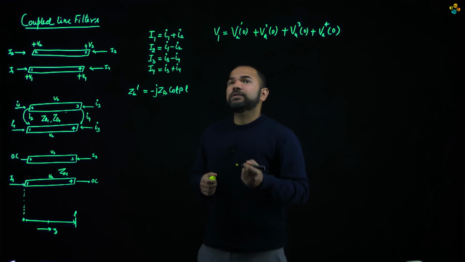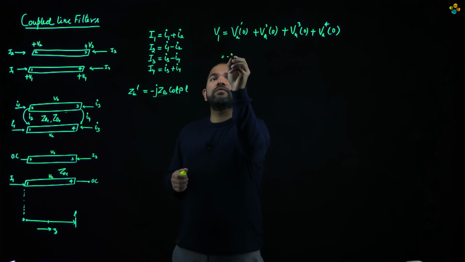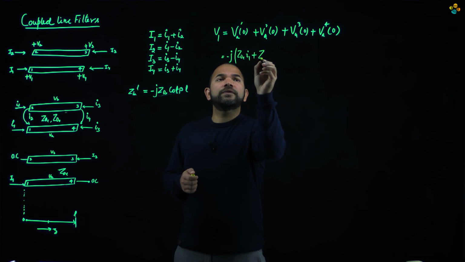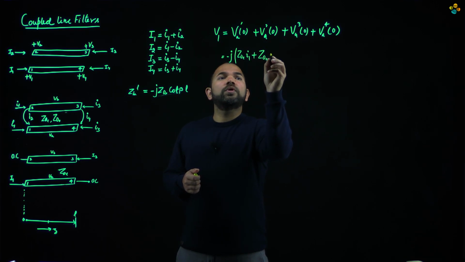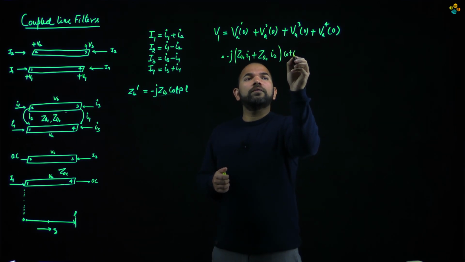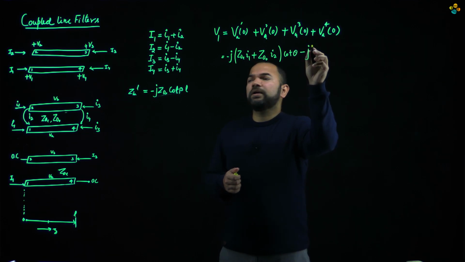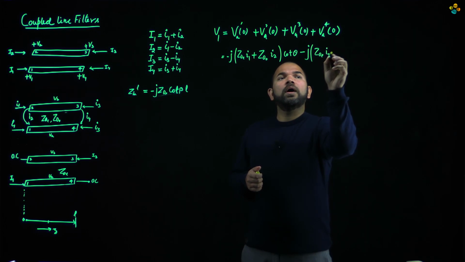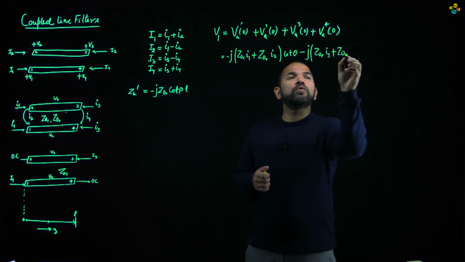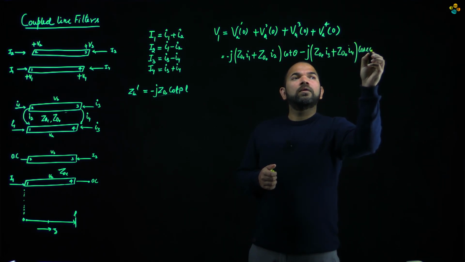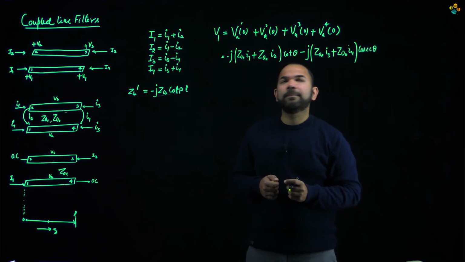So we can write this whole equation in expanded form like this: Z even mode I1 plus Z odd mode I2 cot of theta minus j Z of even mode I3 plus Z of odd mode I4 cosec of theta.